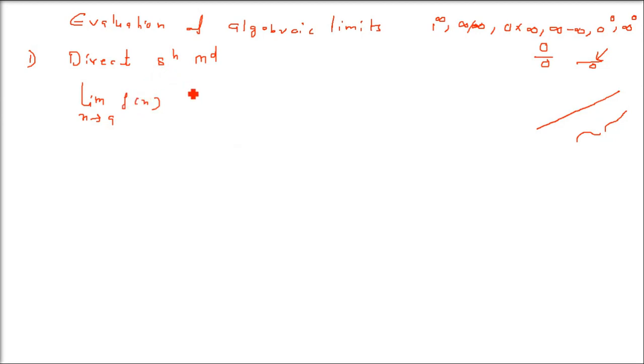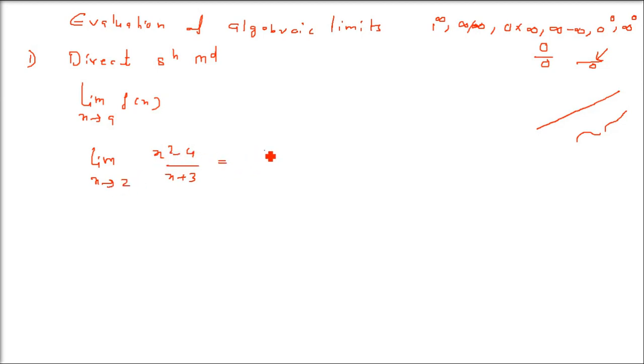So I was discussing the first method, direct substitution method. So what do we do here? Let me take an example. Here limit x tends to 2, (x square minus 4) by (x plus 3). Now if I put x as 2, what will happen?